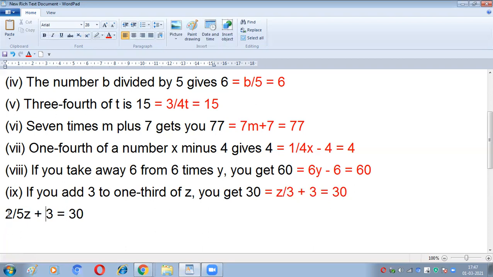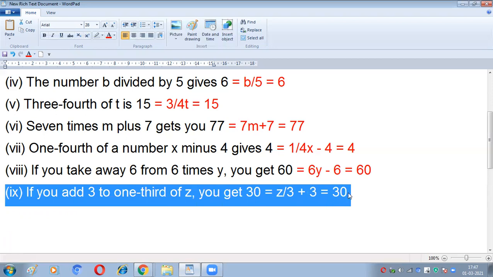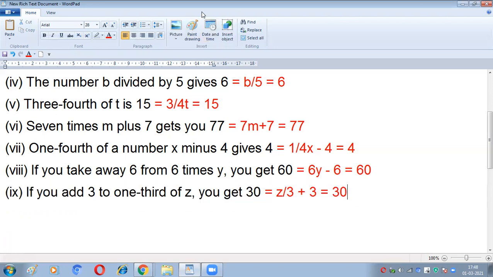So if here is 2 or 7 or 5 or 9, except 1, here should be any number. And if here is 1, then don't write z beside 5. You have to write z instead of 1. z upon 5 plus 3. Yeah, this is the equation. So the equation for the ninth bit will be z upon 3 plus 3, which is equal to 30.